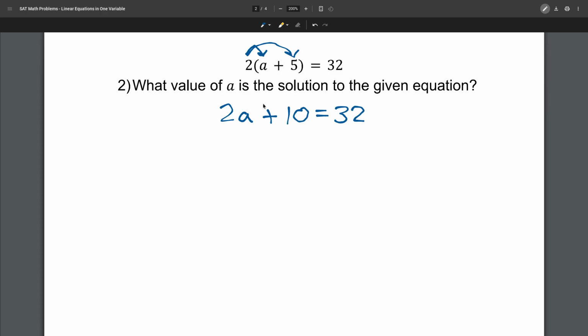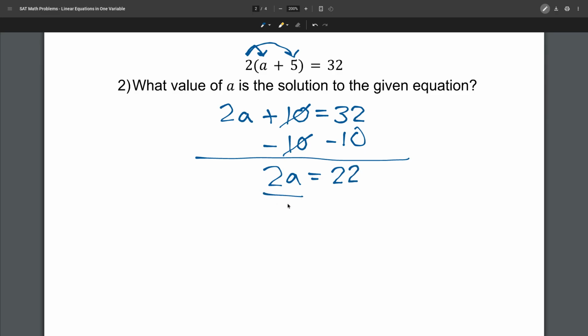We then want to get rid of this addition of 10, so we can subtract 10 from both sides. 10 minus 10 is 0. So on the left-hand side, we have 2a equals 32 minus 10, which is 22.